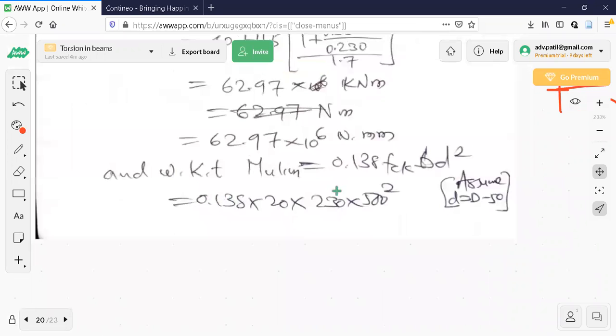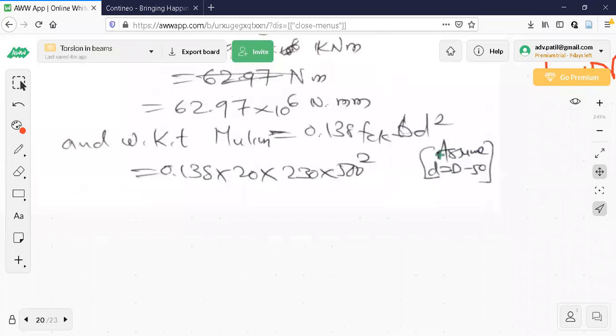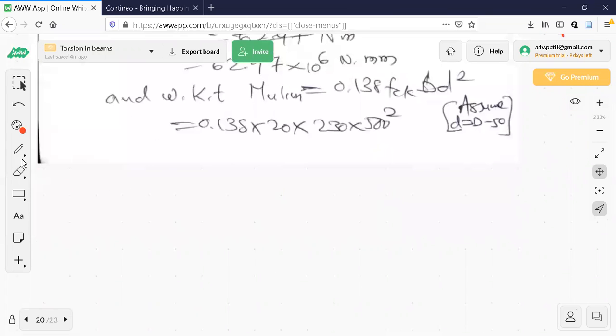Now find out MU limit, 0.138 FCK BD square. In the problem they have not given the value of the effective cover. This is what you should understand. If this can be 25 mm also, see here. Assume d minus 25. This is what usually a student gets confused about.